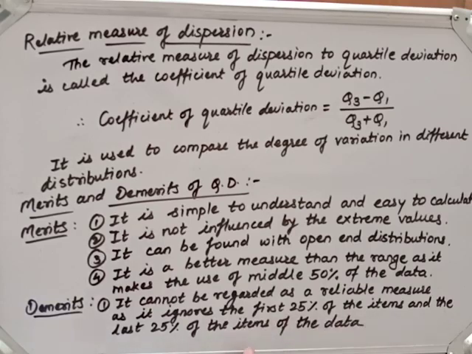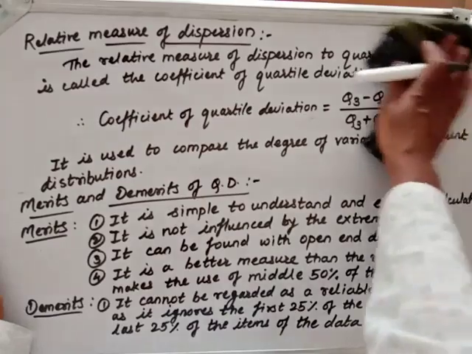This is the very first demerit of it. It considers only the middle 50% of the data. That's why it is not a sure measure.